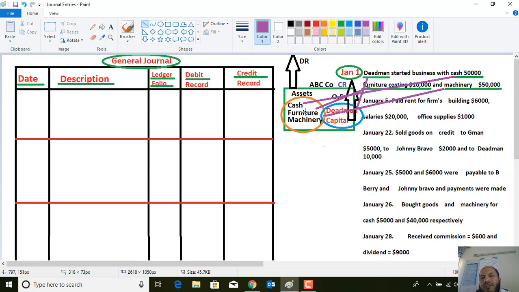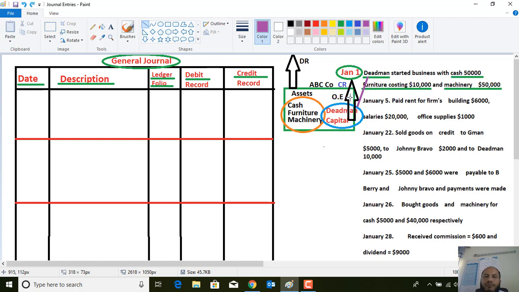So the cash, furniture and machinery are all asset accounts. The asset account increased within the business, so we will record this at the debit side. And the Deedman capital, which is an equity account, had also increased, so we will record it at the credit side.